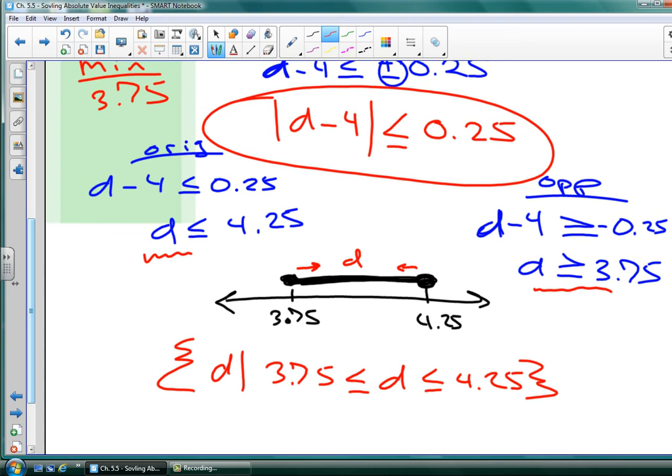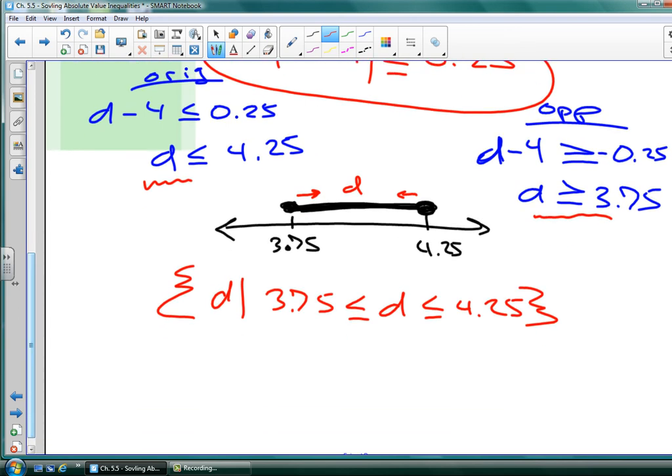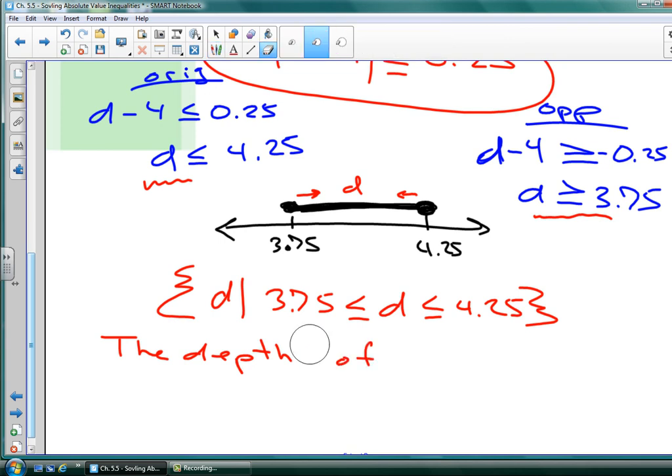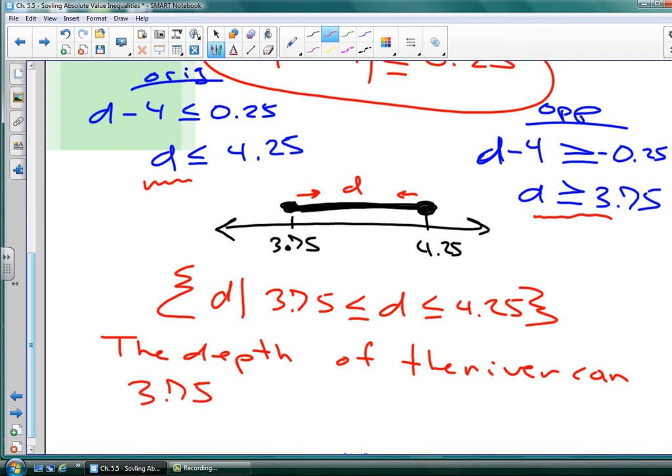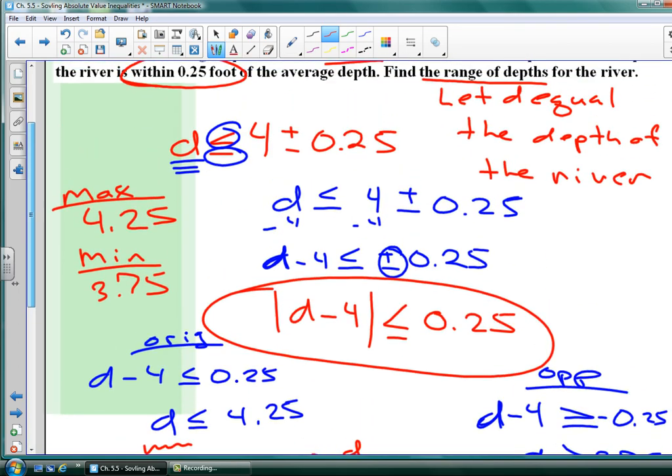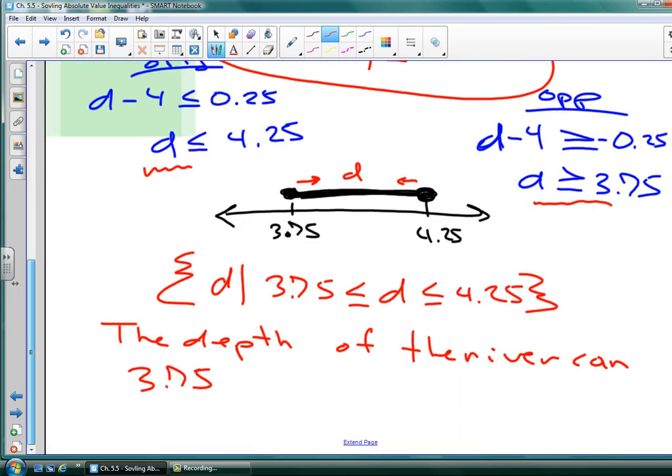Writing this out in words to say what the meaning is, I'm going to say the depth of the river can be 3.75 feet to 4.25 feet.